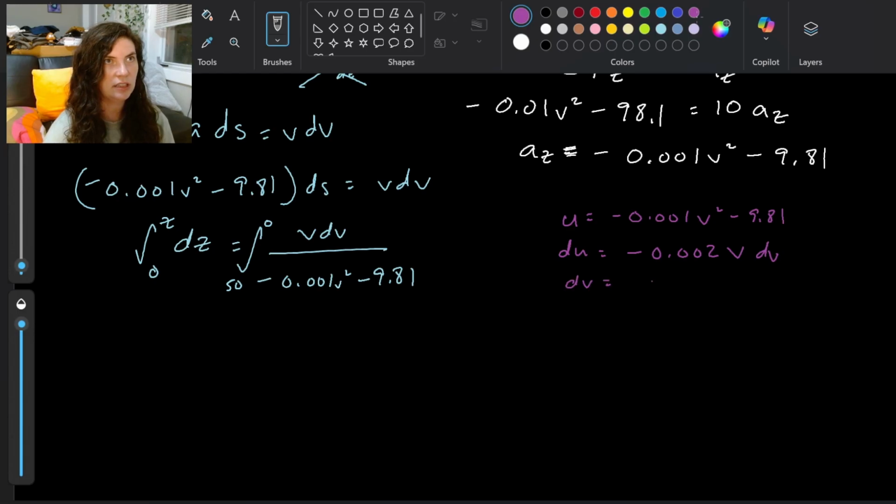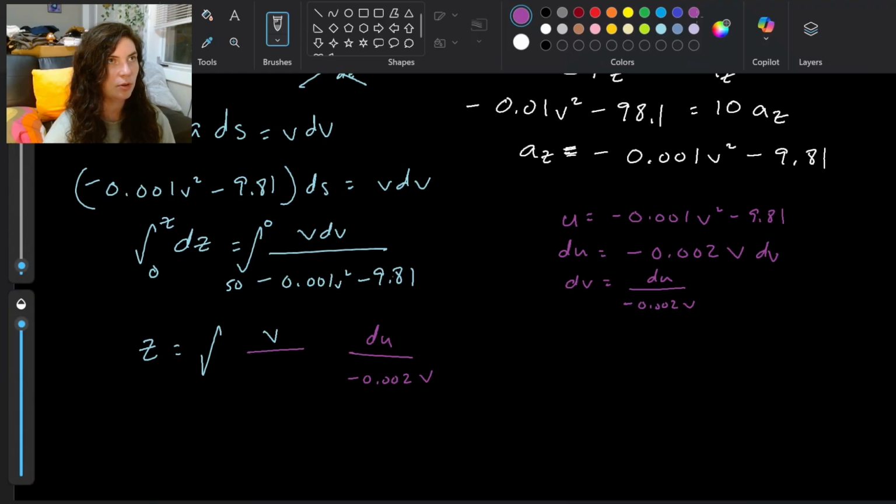So dv is du over negative 0.002 v. If I come back and I plug those into my integral over here, where if I solve the left side, it's just going to be z. It'll make our lives easier. We're going to have that integral of v, and then dv is getting substituted, right? dv is now du over negative 0.002 v.